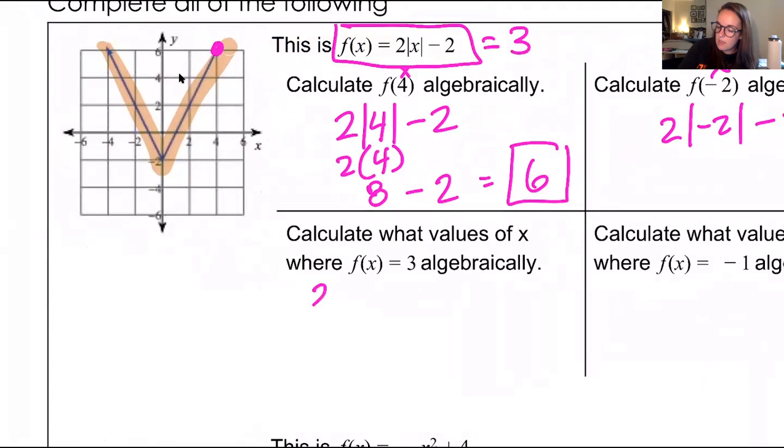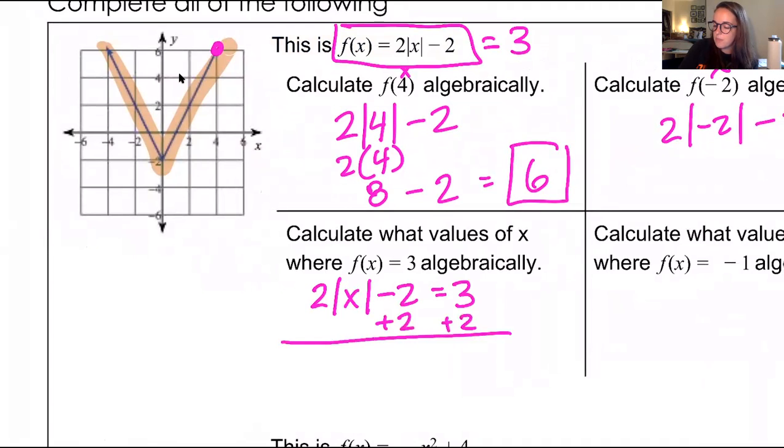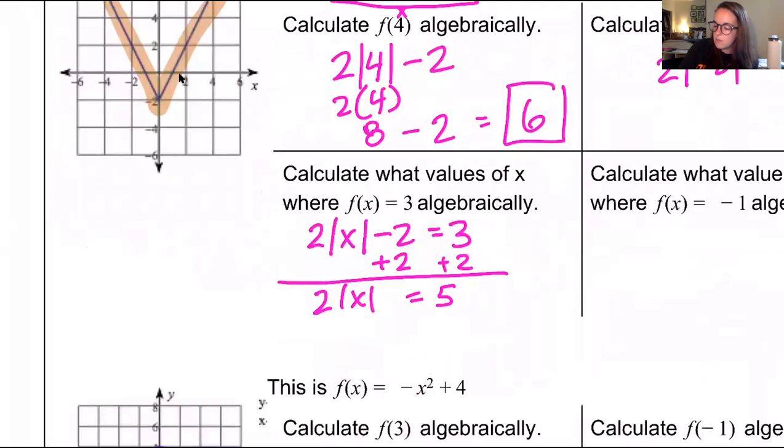So we're saying 2 times the absolute value of x, minus 2, is equal to 3. So I'm going to solve for x. I'm going to add 2 on both sides. So I have 2 absolute value of x equals 5. And go ahead and divide by 2 on both sides. So I get the absolute value of x equals 5 over 2.